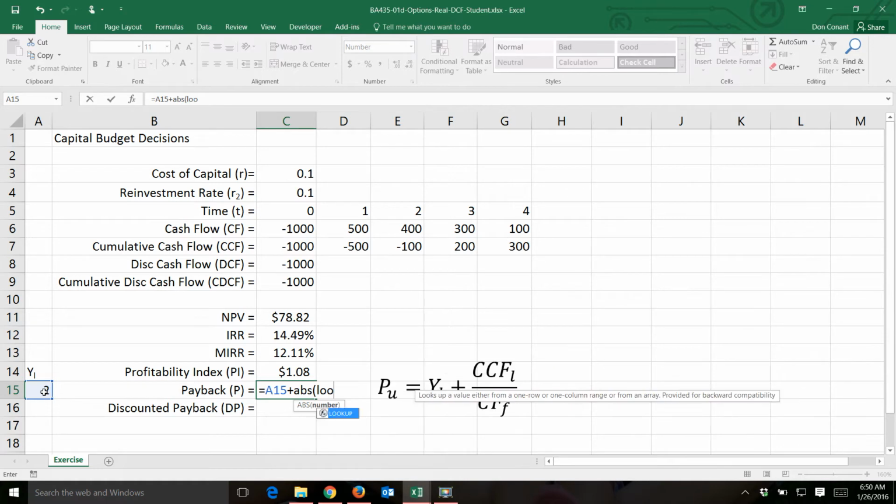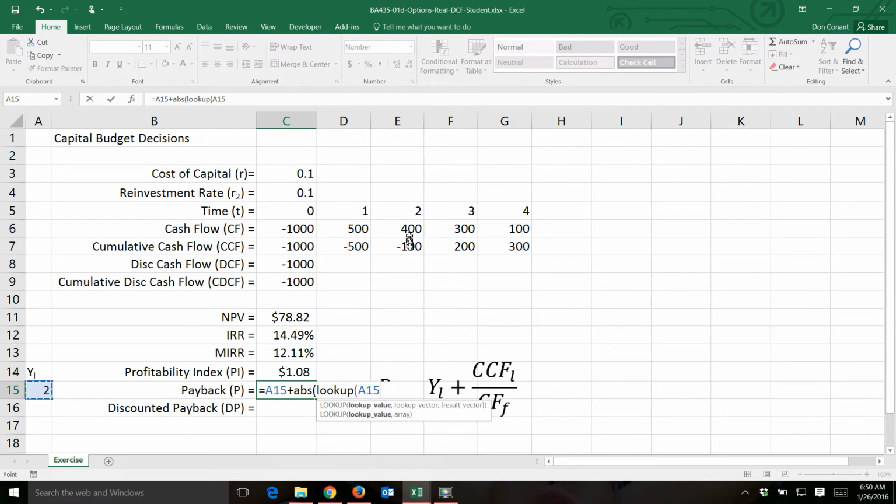I'm going to look up this value that I found. I want to go to this year because I want to go and get this value right here. Because I want to know how much money I need to bring in before I can break even.